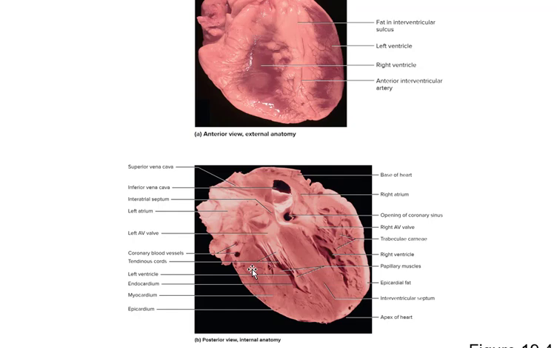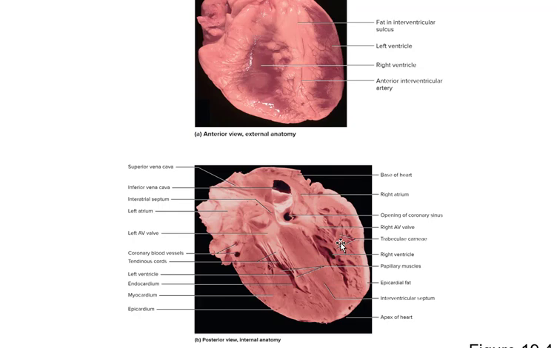So it needs to be thicker. It needs to really be able to push the blood out through the aorta, and the aorta has to be very strong to withstand the constant pounding of the blood as it comes out of the heart and surges through the aorta.